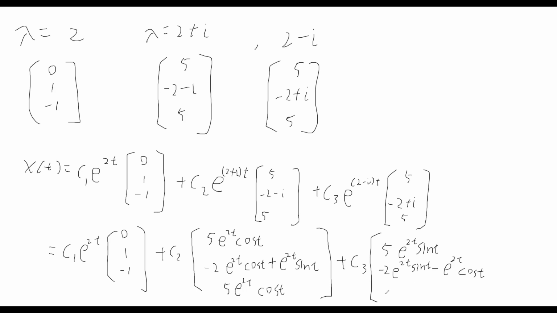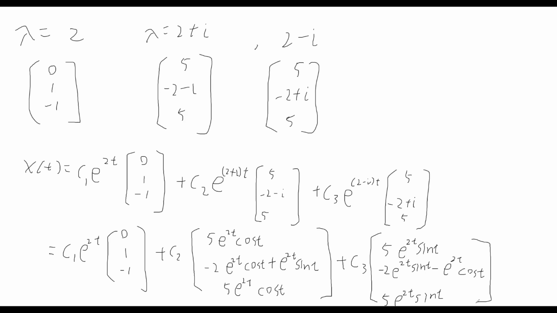All right, and the last one is 5 e to the 2t sine t. There you go. It's a very long process because this is a 3 by 3, but it's good that we're taking a look at the harder one in this video. It actually took me a while to find out what the eigenvector is, but after a few more practice, you will be fine.